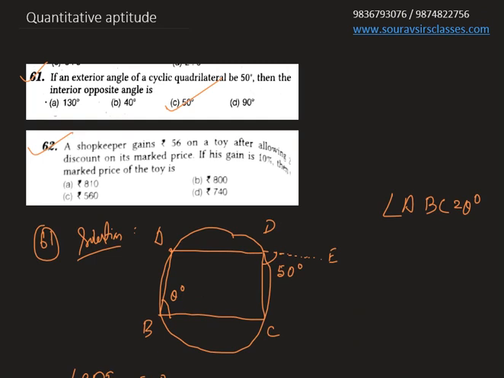A shopkeeper gains 56 rupees on a toy after allowing 23% discount on its marked price. If his gain is 10%, we need to find the marked price.